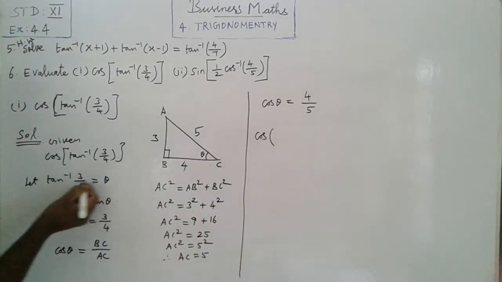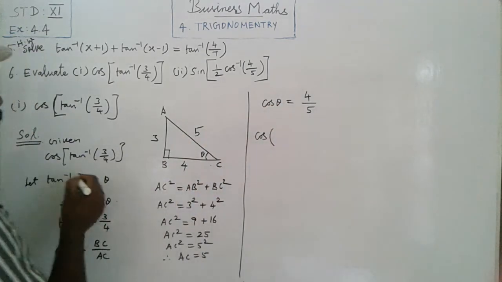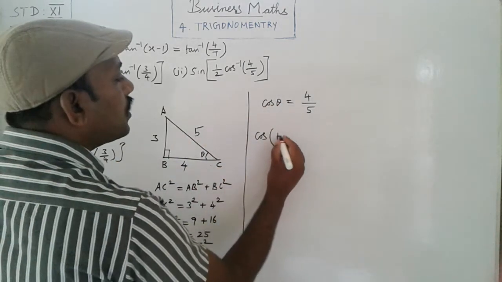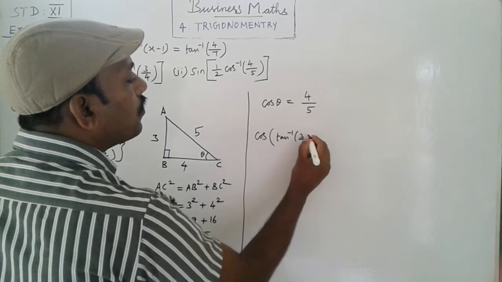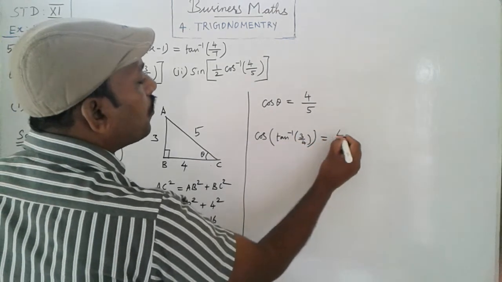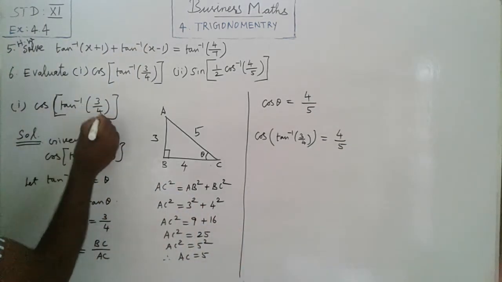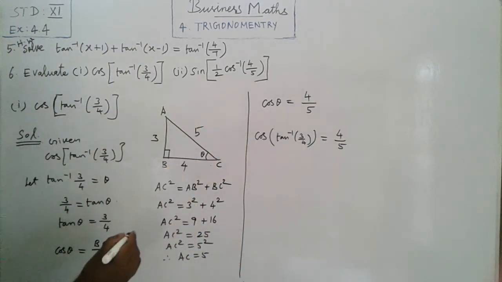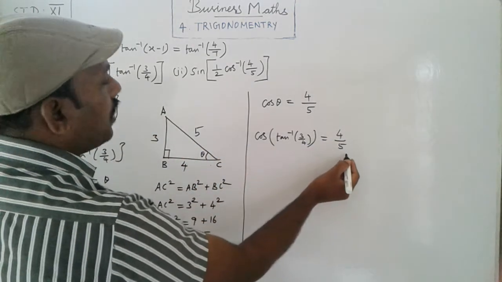We know that theta is tan inverse 3 by 4, so substituting, cos of tan inverse 3 by 4 equal to 4 by 5. So the value we should find out is 4 by 5.